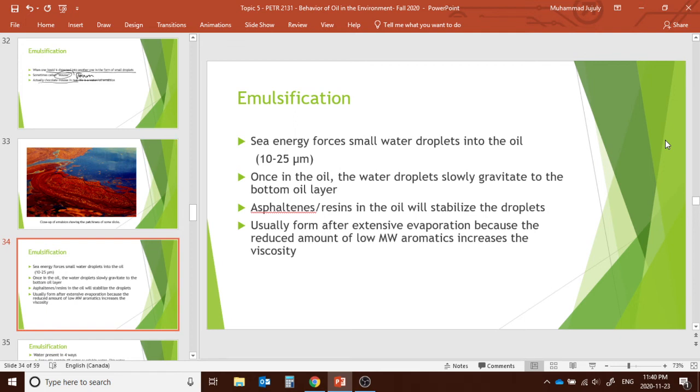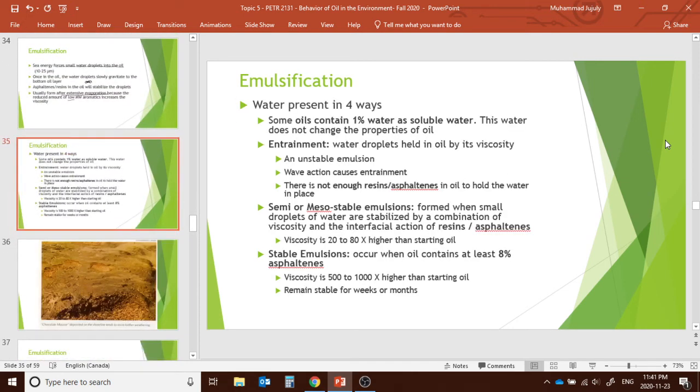Energy forces the small water droplets, and once the oil and water droplets come near each other slowly, they collide with each other and the emulsion is created. Water is present in four ways: some oil contains 1% soluble water, or water entrainment, or a semi- or meso-stable emulsion, or a stable emulsion.